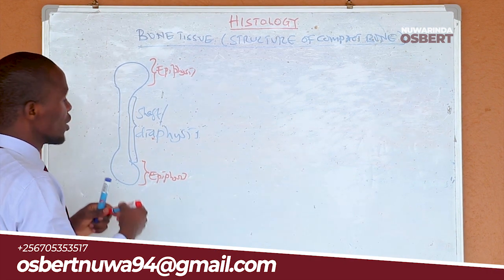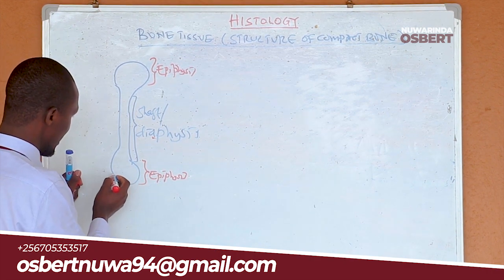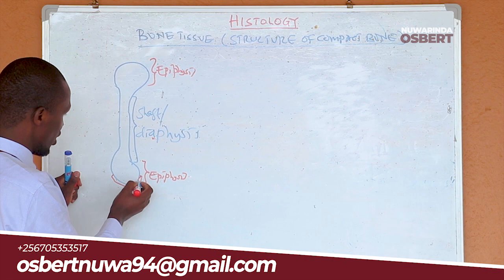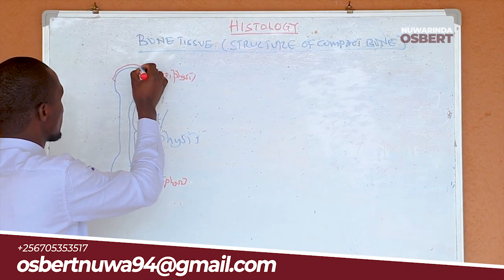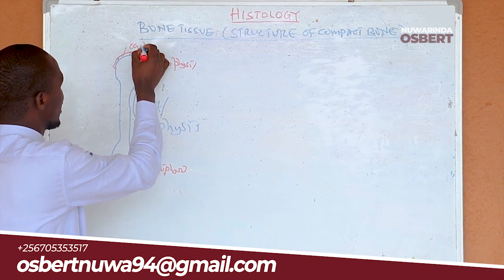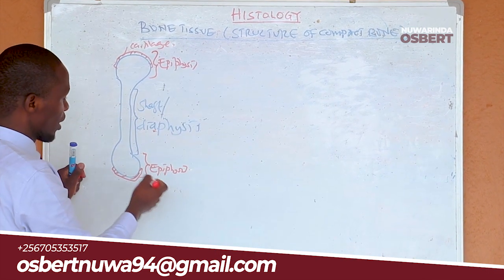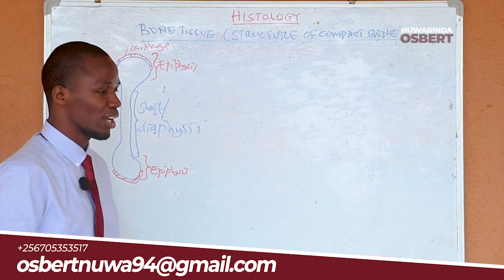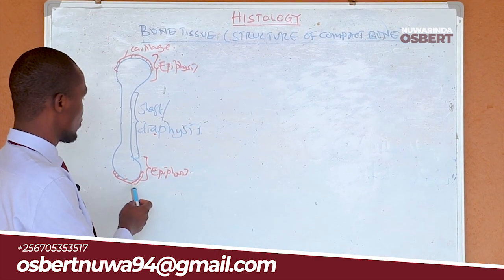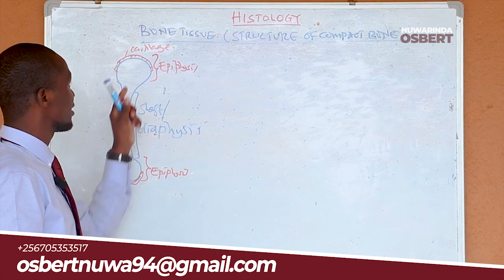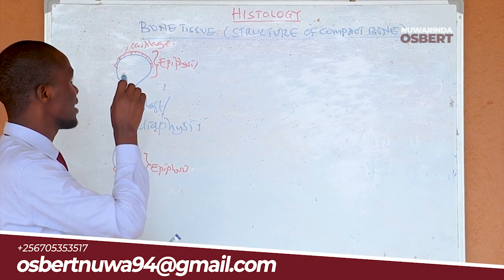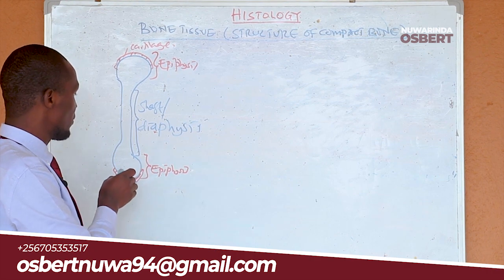And for these longer bones, at the extreme end we usually find a small layer of cartilage around it. Now somebody might say, how come? Of course, the cartilage is to reduce friction, but we want to see why we finally end up having cartilage there.